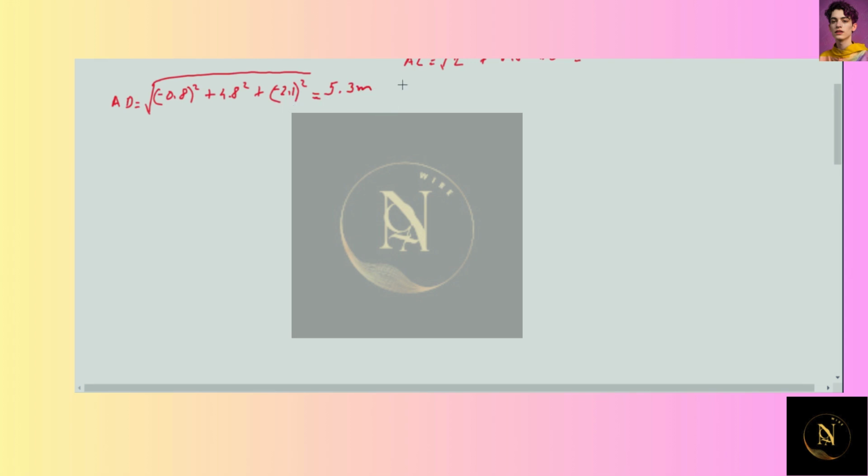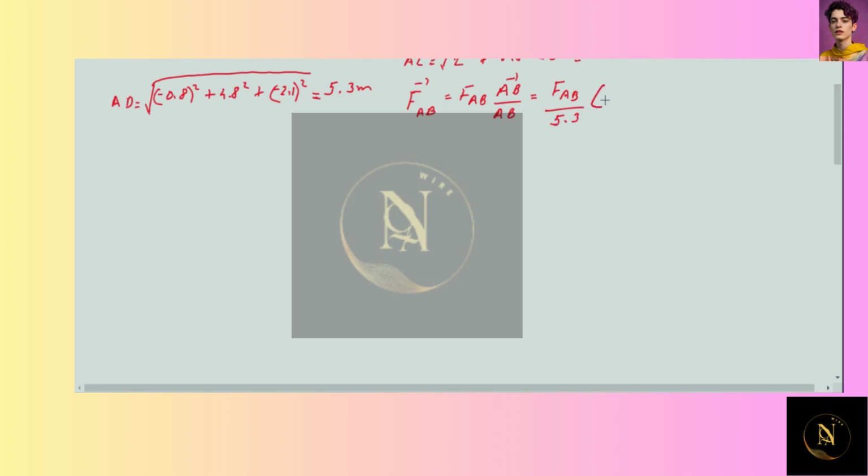Let's find the vectors. First, vector FAB will be equal to magnitude of FAB into vector AB divided by AB. We know the value of AB, we just calculated it, the AB is 5.3.